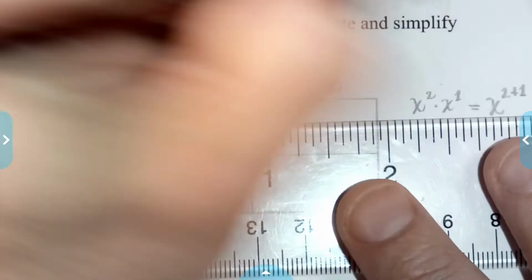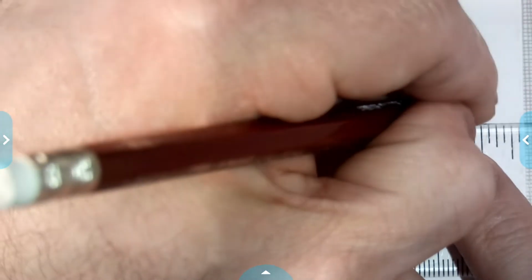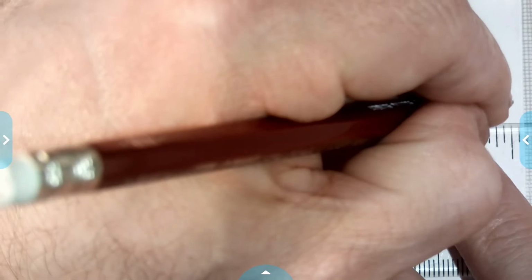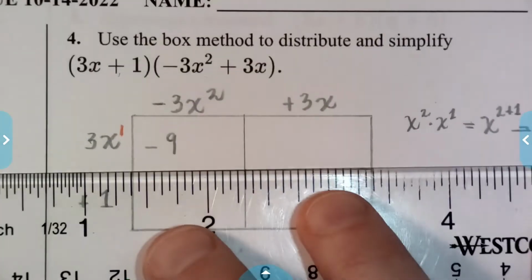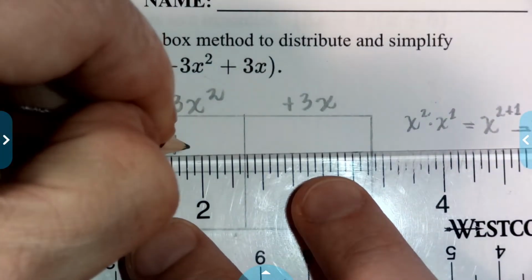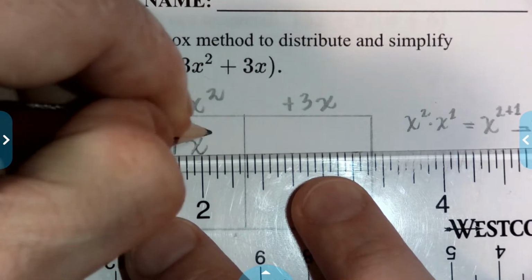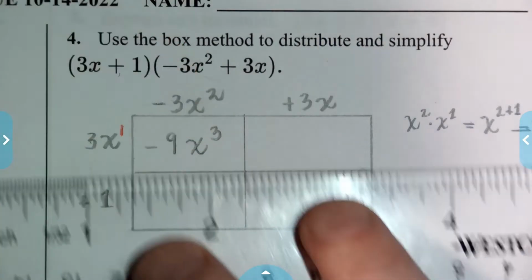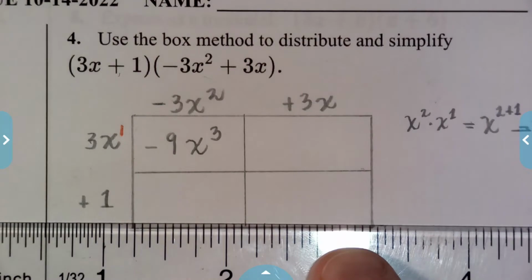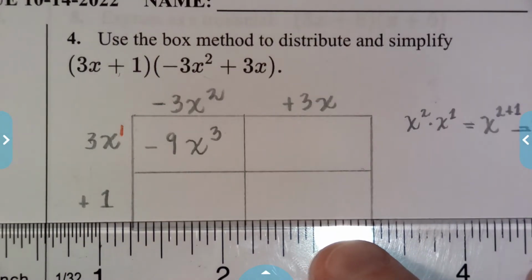And what is 2 plus 1? X to the third power, and we call that x cubed, okay? So it's negative 9x cubed. So this is going to be a cubic equation. This isn't something we're going to get into beyond just doing this kind of stuff.